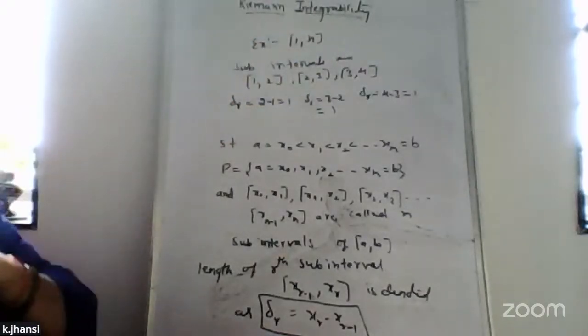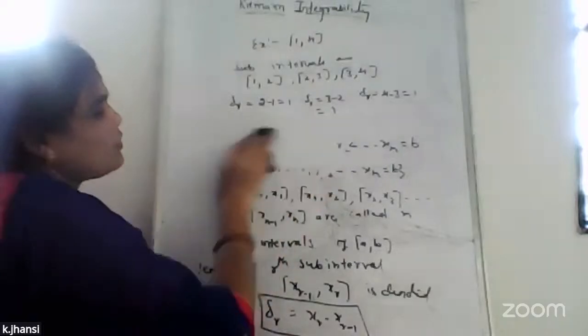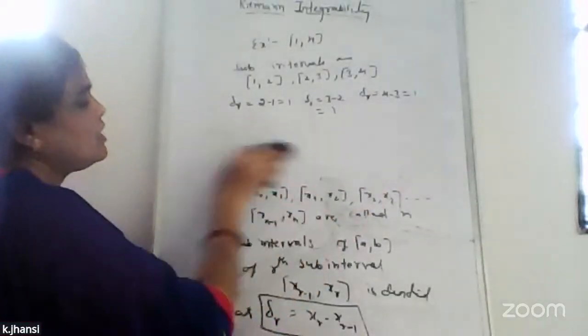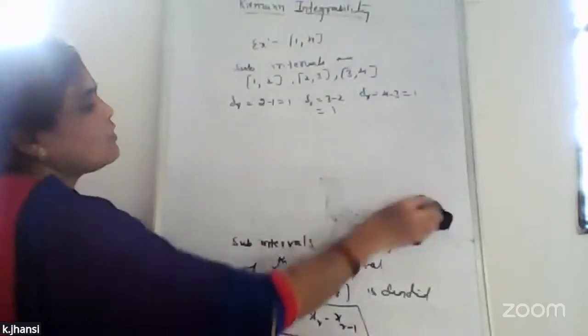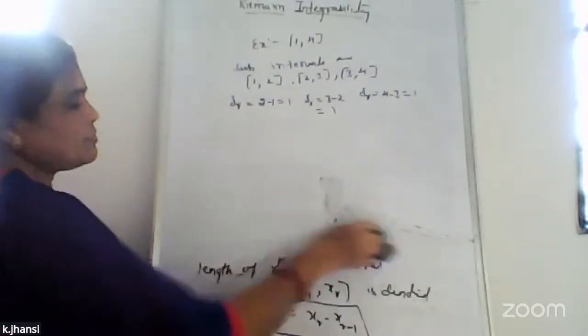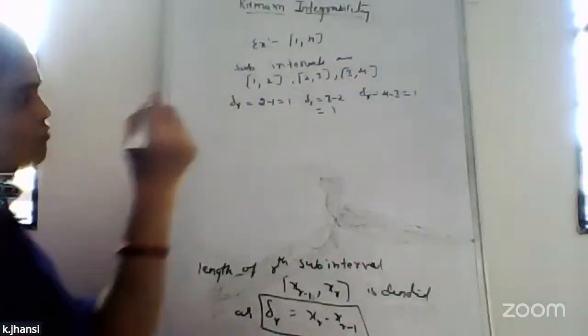So like this we can find the length of the subintervals with the help of any given closed interval. One more important thing is the norm of a partition. You can see this in many theorems, and even on this you may get small 5 marks problems.